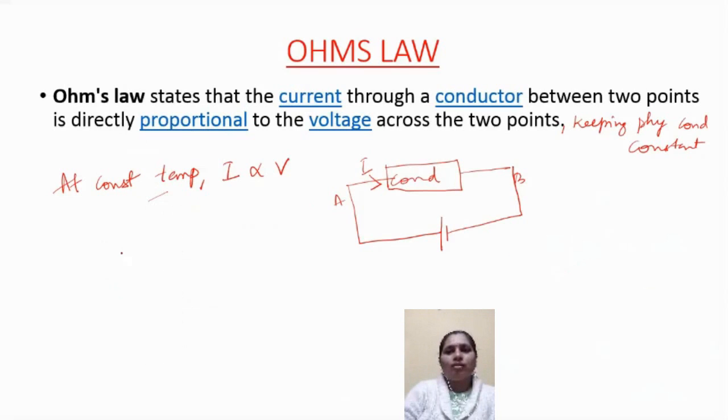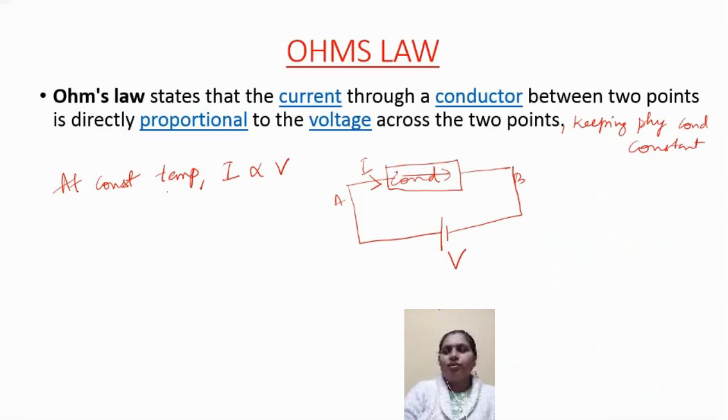Ohm's law states that at constant temperature, the current flowing through the conductor is directly proportional to the voltage applied across its terminals. So these are the terminals A and B. We are applying a voltage V, and whenever we apply the voltage V, that is potential energy, then electrons start moving, thereby current starts flowing through the conductor.